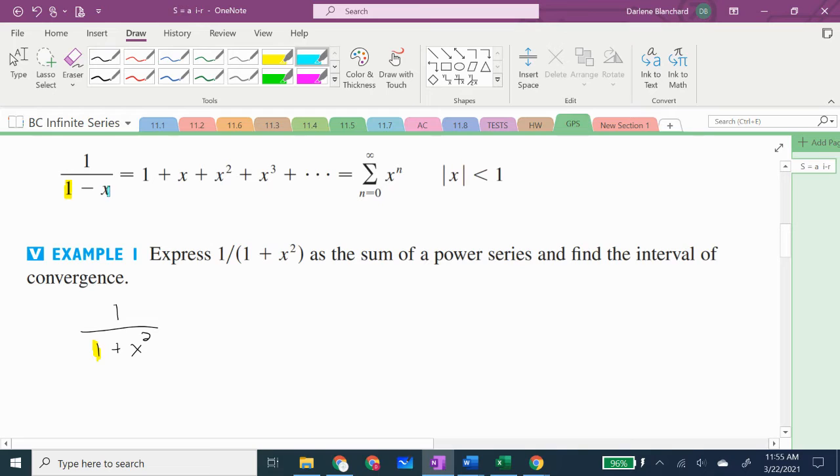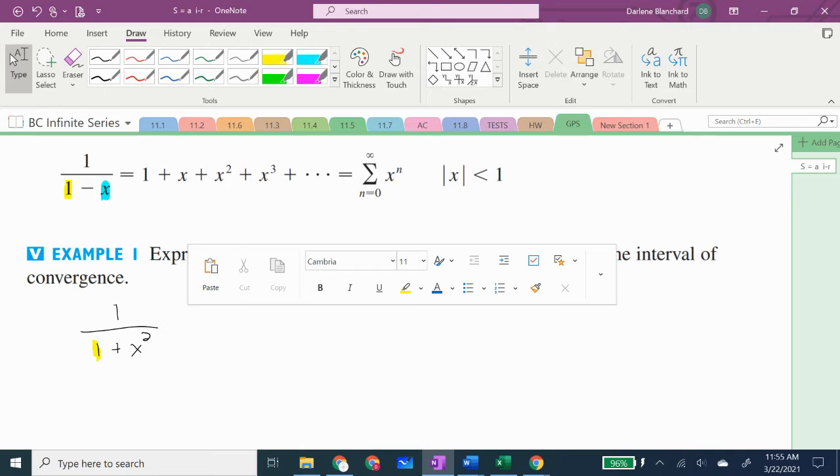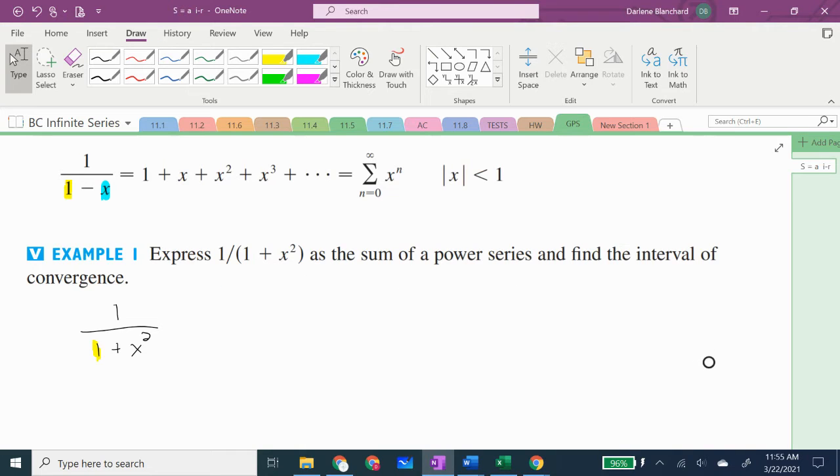You want to think about substitution. Once you get this 1 being added to an expression that has x in it, you're trying to figure out what is being subtracted from that 1.